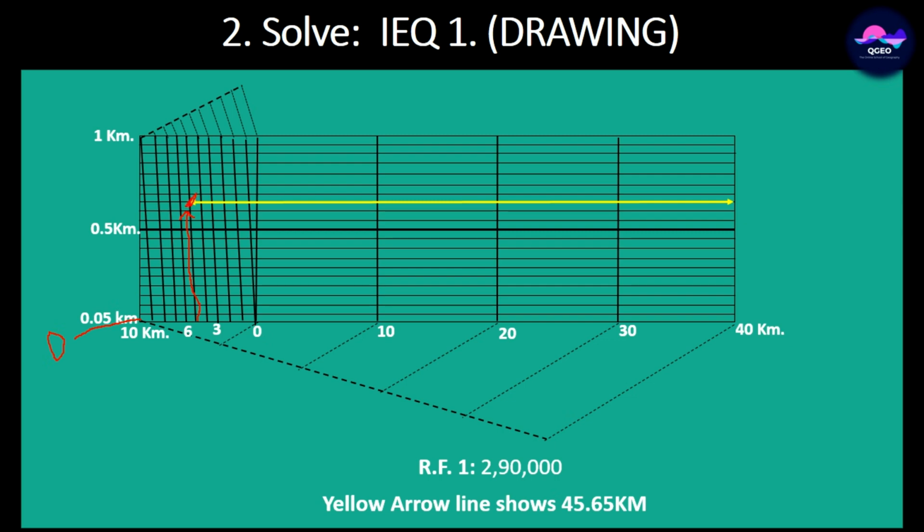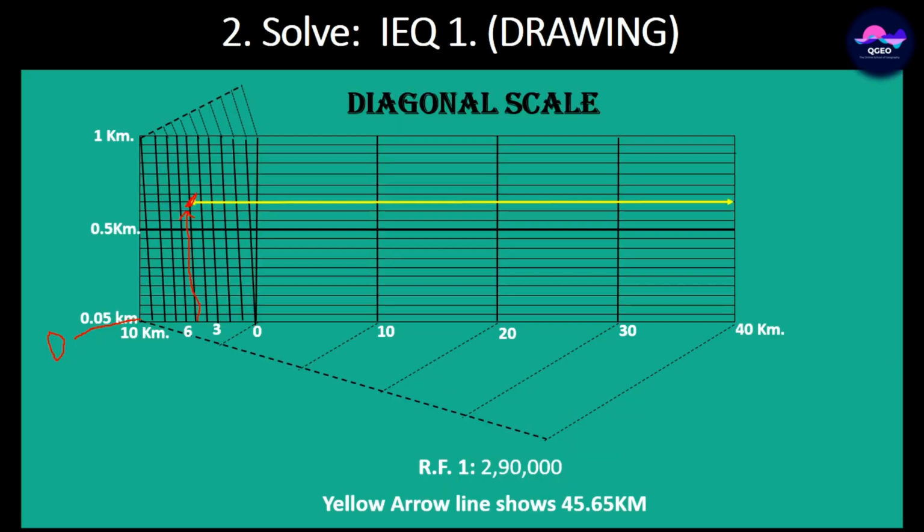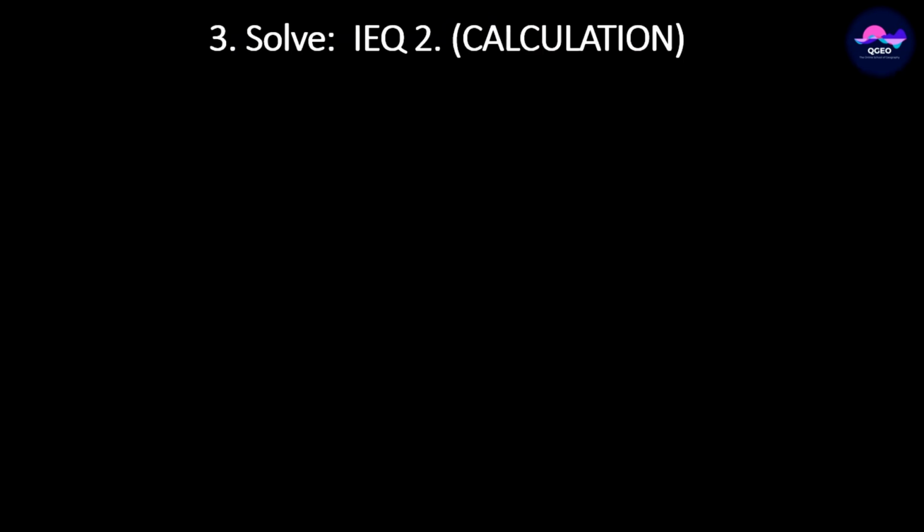At point 13 you will get the total length 45.65 kilometer. Okay, in this way you can represent the total distance which was given in the question. And it is the diagonal scale, the heading diagonal scale you have to write in the topmost part.